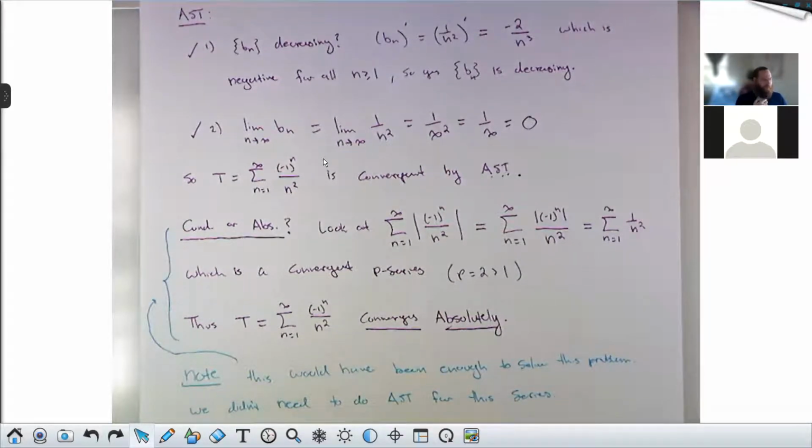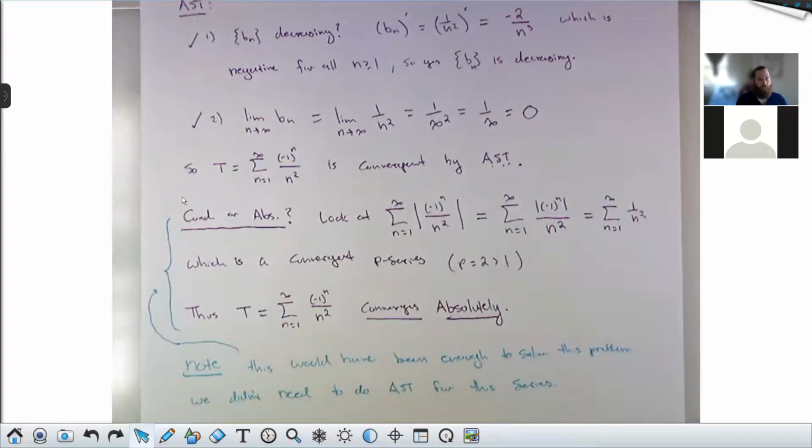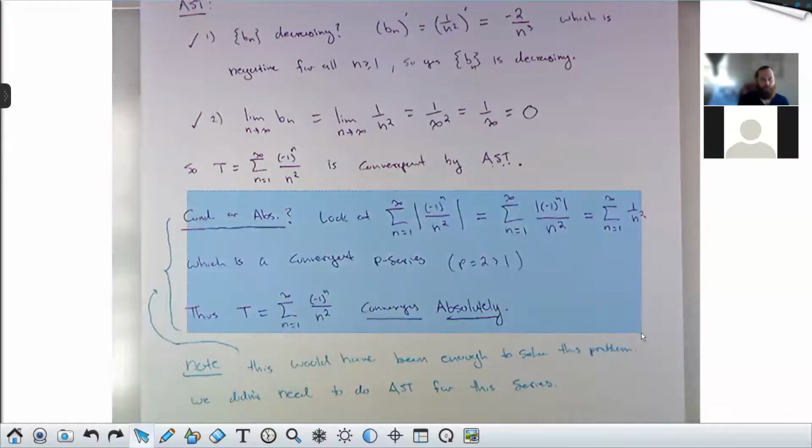Exactly, Sean. The reason we didn't need AST is because the absolute value series was convergent, so automatically the original series was convergent. There's no need to have done the AST. If you can show that a series converges absolutely, then immediately you learn that the series converges, full stop. No need for any more detail there.